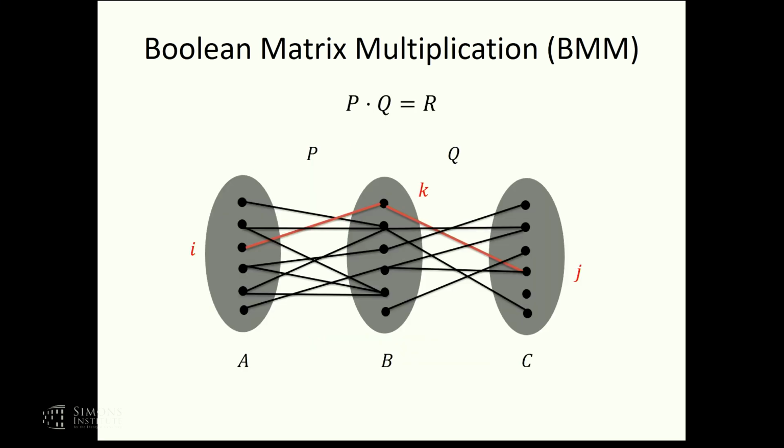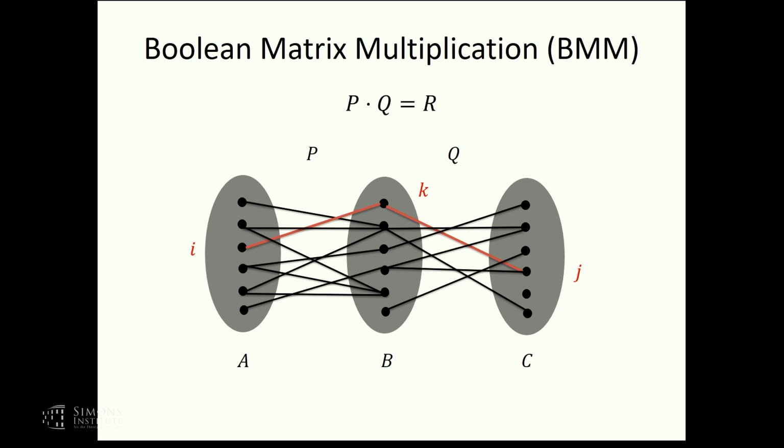Let me make a quick remark. It is closely related to deciding connectivity in, say, tripartite graphs, or in general in directed graphs of arbitrary size. If you look at these tripartite graphs, imagine that the edges are just going from left to right, and you have three parts, A, B, C, of, say, the same size, and you are trying to figure out which vertices on the left are connected to which vertices on the right.